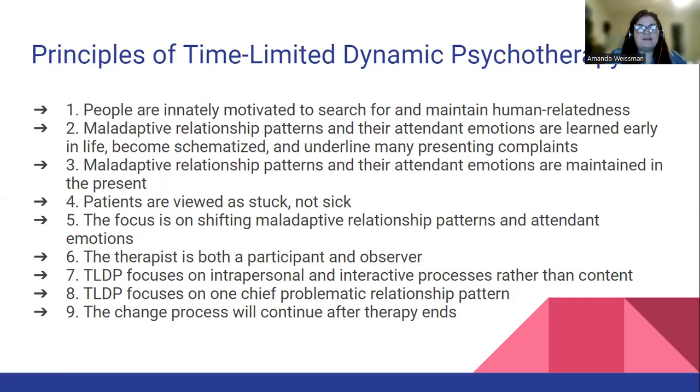What are the attachment fears, the internal processes happening within the client and within the client's relationships to others? And then next, TLDP focuses on one chief problematic relationship pattern. TLDP looks for the most pervasive and problematic interpersonal pattern in the client's life, and treatment is really focused on that one problematic style of relating.